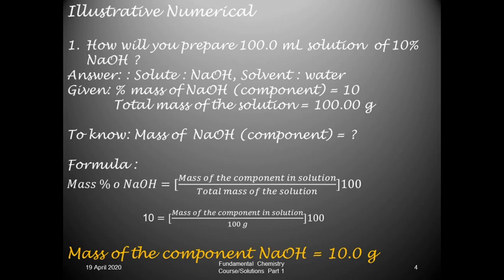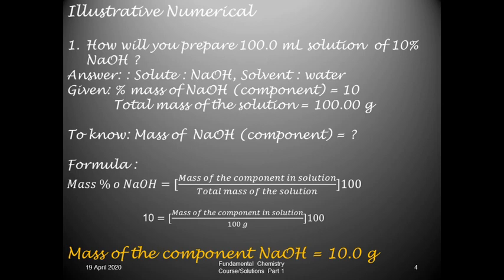There will be some different density value, and that will accordingly change the ratio or change the numbers. But very roughly we can say that as we are asked to prepare 100 ml of solution, the solution we are going to form will have density like water only, because this is a very dilute solution.